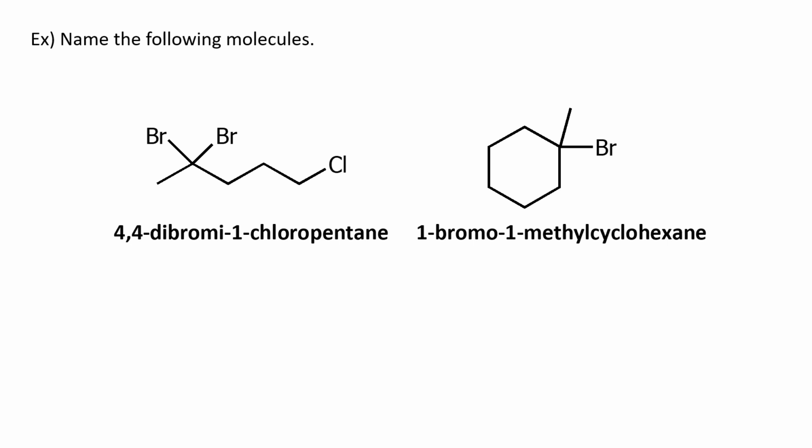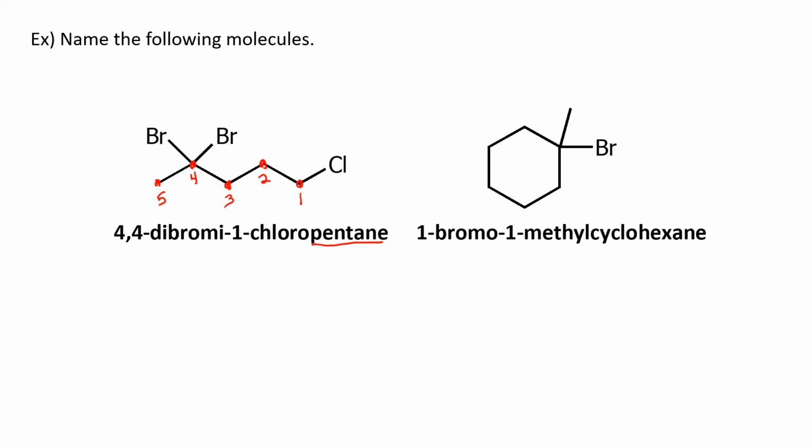Our first molecule, we want to count our longest parent chain. We have 1, 2, 3, 4, 5 carbons, so that's going to be some form of pentane. We have chlorines and bromines attached. Now we have to number our chain. So we want to put our first substituent at the lowest possible number. So that's why we begin numbering over here. 1, 2, 3, 4, 5.